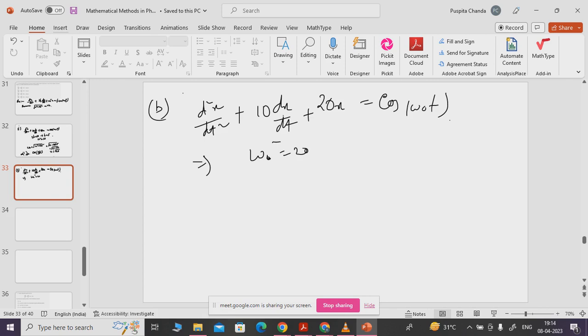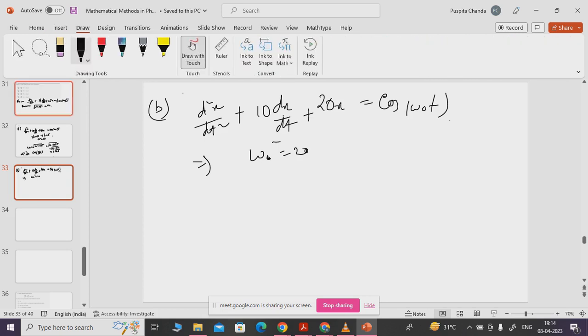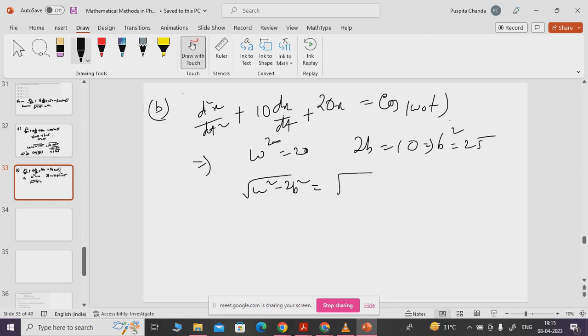So here omega naught square is equal to 20, b is 10, b square is 25. So root over omega square minus 2b square, which is 20 minus 50. Again it is an imaginary number, it cannot be tuned.